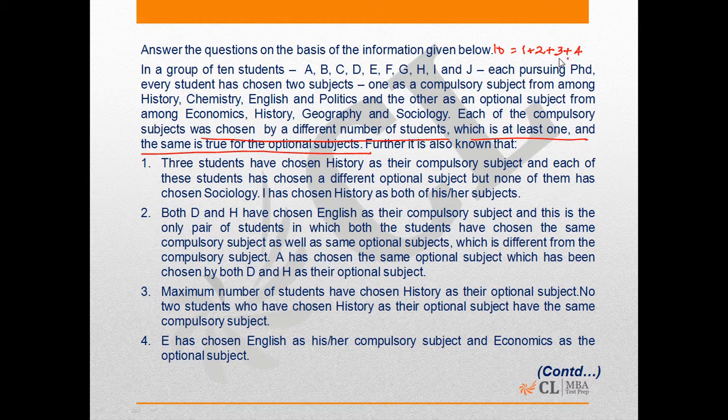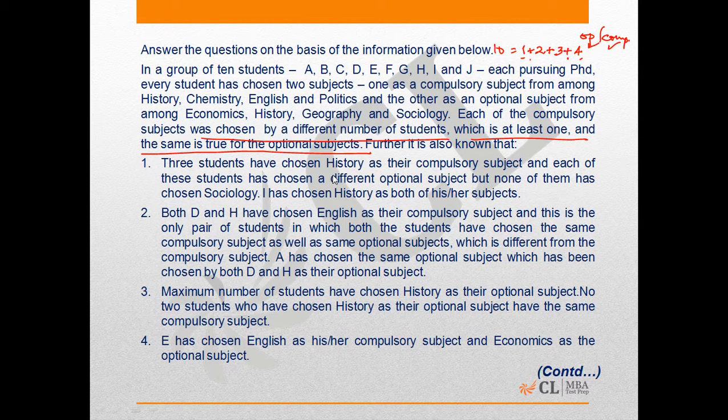The sum comes out to be 10, and there are 10 students, and there are four optional as well as compulsory subjects. So we can say that since the number of students opting for each compulsory subject is different, the number of students opting for the different optional subjects must have been 1, 2, 3, 4 in any order, not respectively. That is true for optional as well. So this is what we can know from this statement.